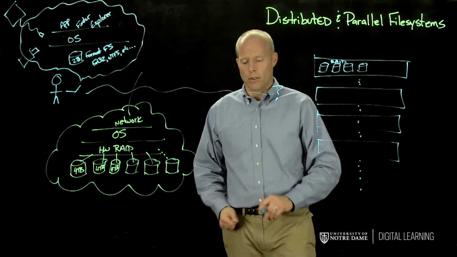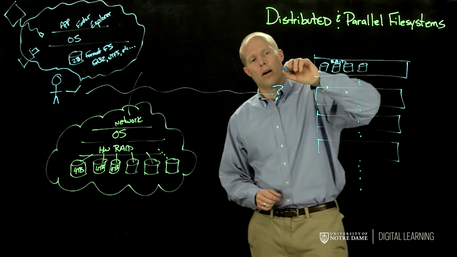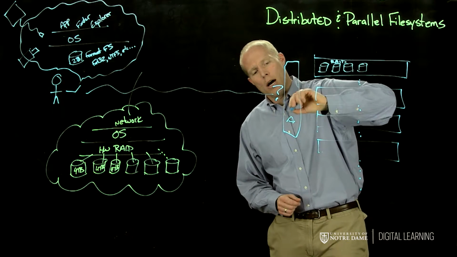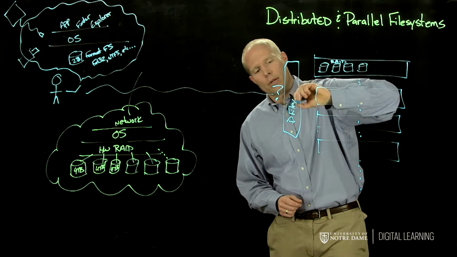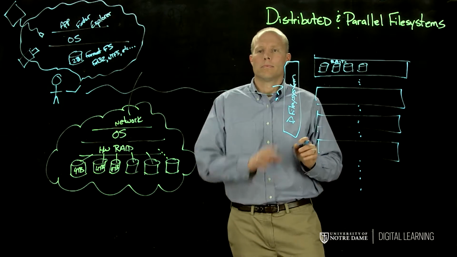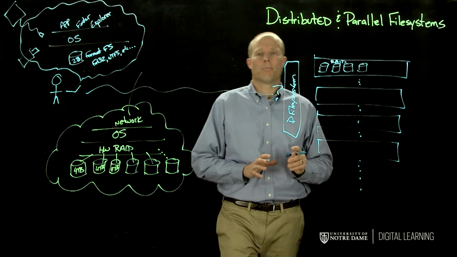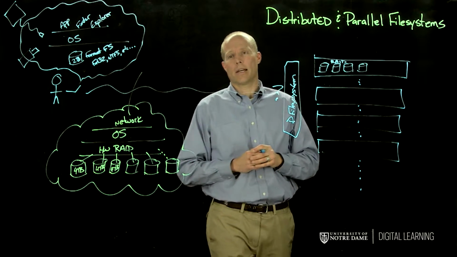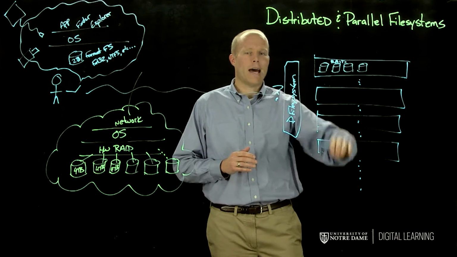So at this level, we have to now introduce another layer, which is the software layer, which becomes our distributed file system. And this distributed file system has been implemented many different ways. And we're going to talk about those through the course of today's lecture. We're going to look at different adaptations.